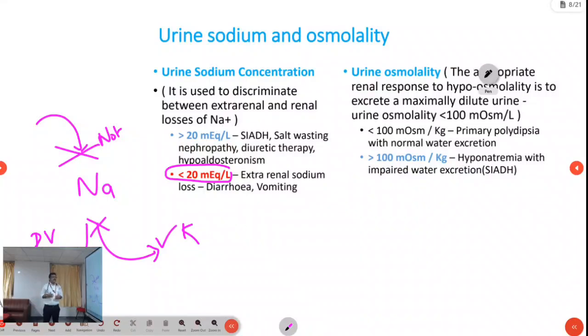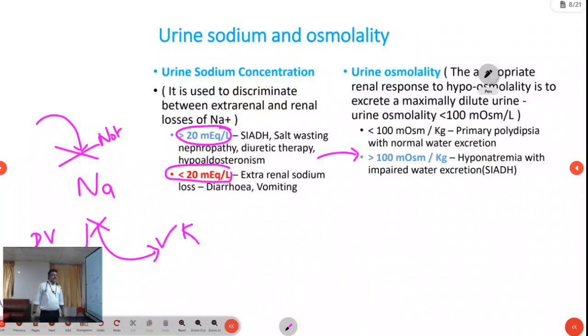Here you can have SIADH, salt wasting nephropathy, diuretic therapy, hypoaldosteronism, cerebral salt wasting. All these conditions come here if the sodium levels are more than 20 milliequivalents per liter when the patient is having a hyponatremic state. Then you should remember that if the urine sodium is high, normally you get a high osmolality.